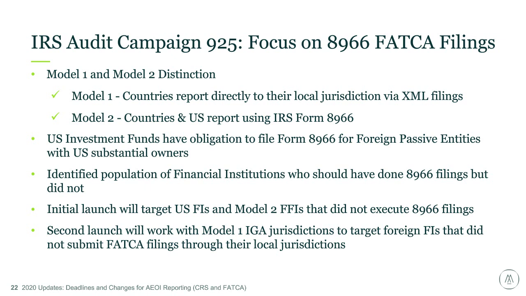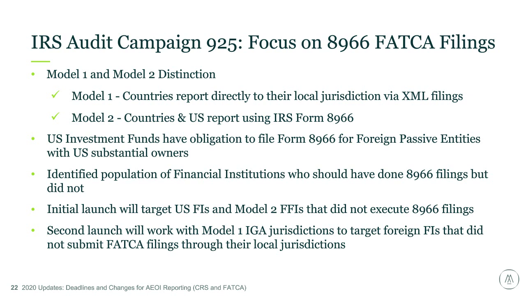We don't know the exact details of how these bots are pulling the data, but off the top of my head, if you're filing as a U.S. filer, if you're filing 1042Ss, all they would need to do is pull that FATCA code, which is 19, I believe, which indicates passive foreign entities with U.S. owners, and then butt it up against your 8966.